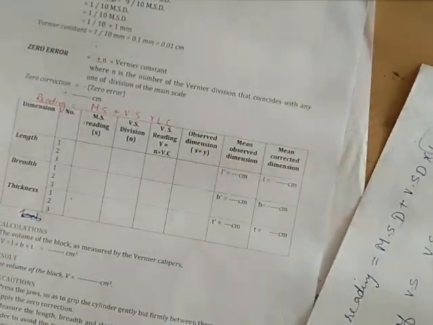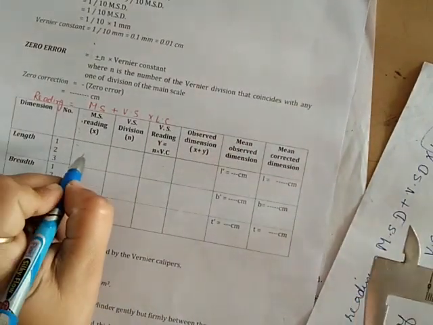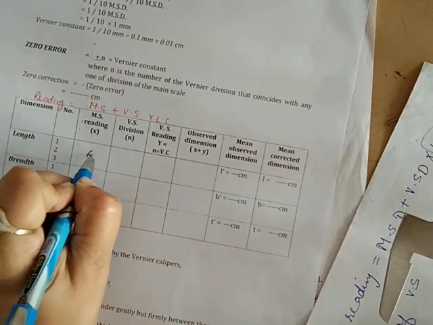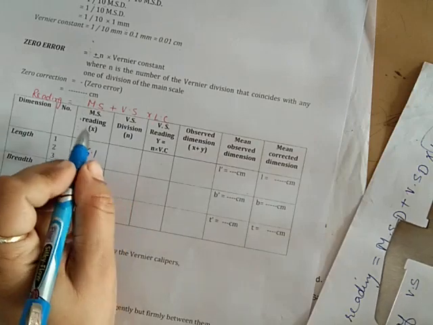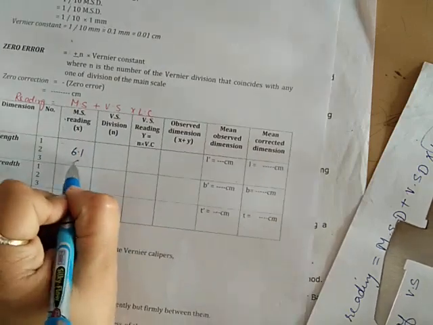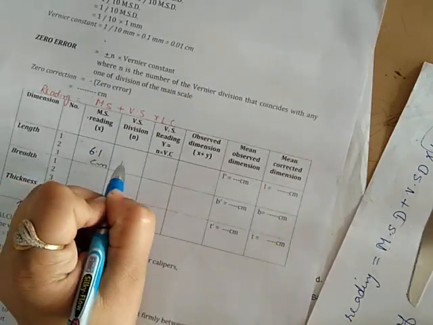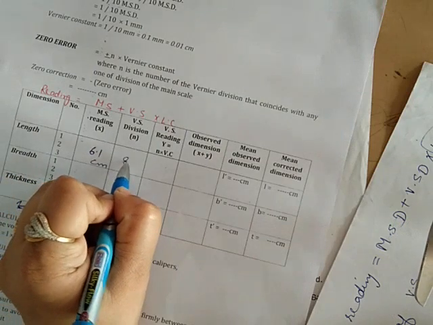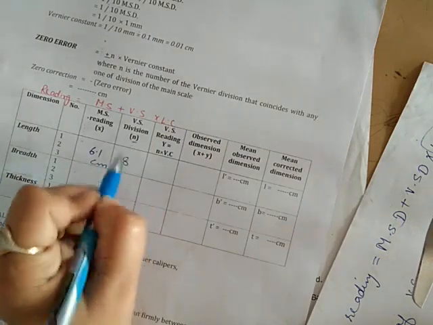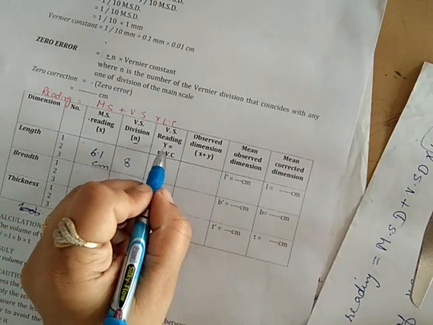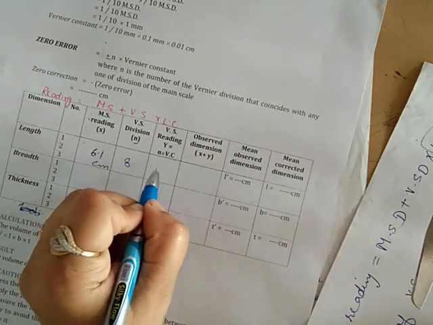So we can put in the table: 6.1 is the main scale reading, that is 6.1 centimeter. Vernier scale reading: the 8th line is matching, so n is equal to 8. Then y is equal to n into vernier constant.